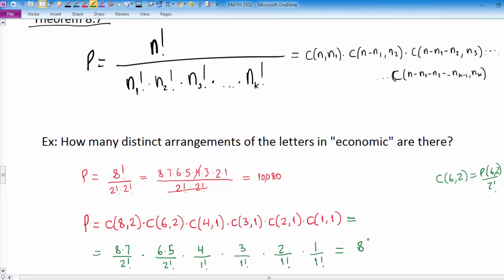It's 8 factorial, because it's 8 times 7 times 6, 5, 4, 3, 2, 1, divided by 2 factorial times 2 factorial. Well, we don't put 1 factorial. 1 factorial is 1, so a factor of 1 doesn't influence anything. That's why you don't see that in here. So it's exactly the same answer.